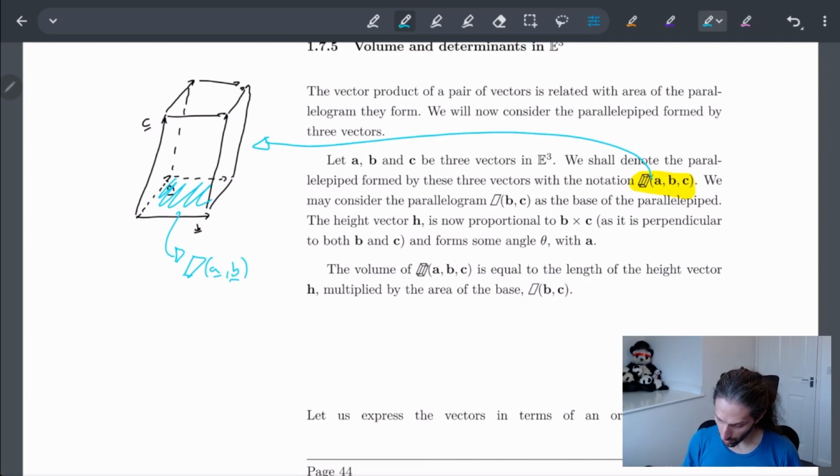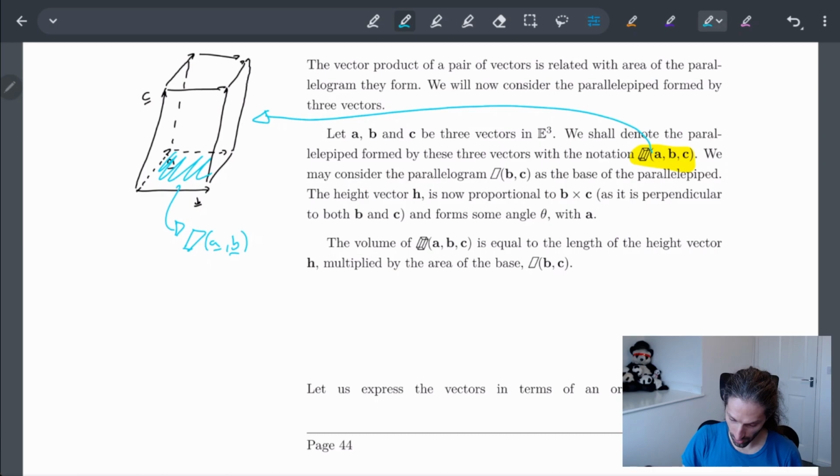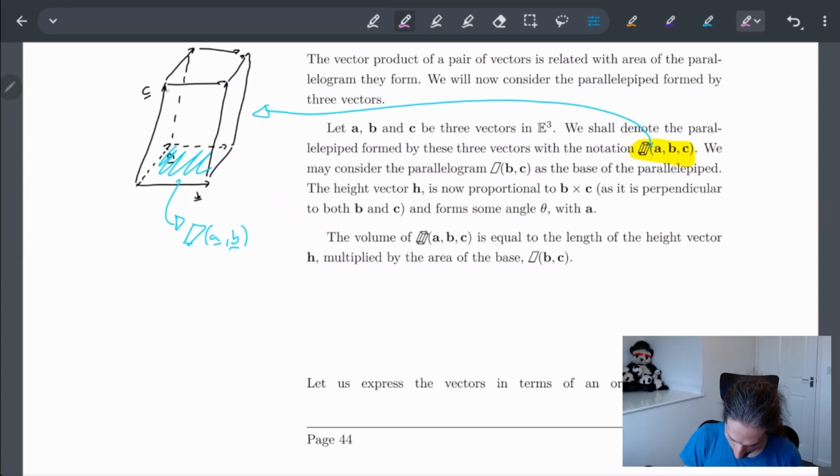So here you see the height vector. If I look at a height vector here, H, you can see this is going to be orthogonal to the bottom half.